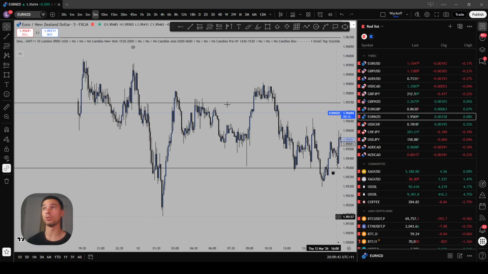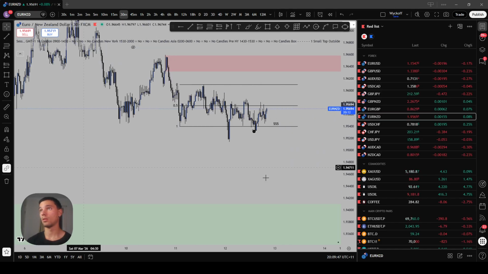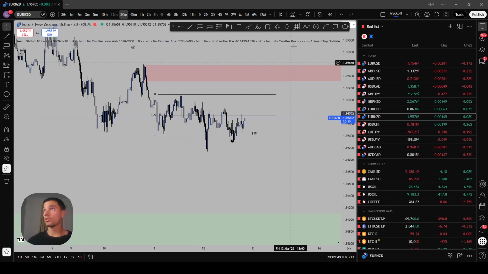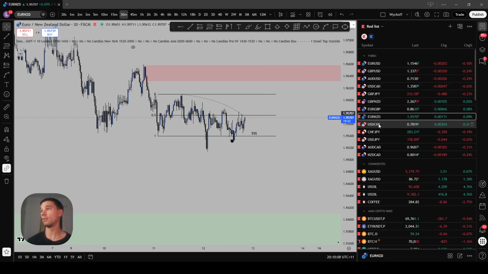It's very possible, because the return to zone is fairly decent. Yeah, wait and see what happens there.